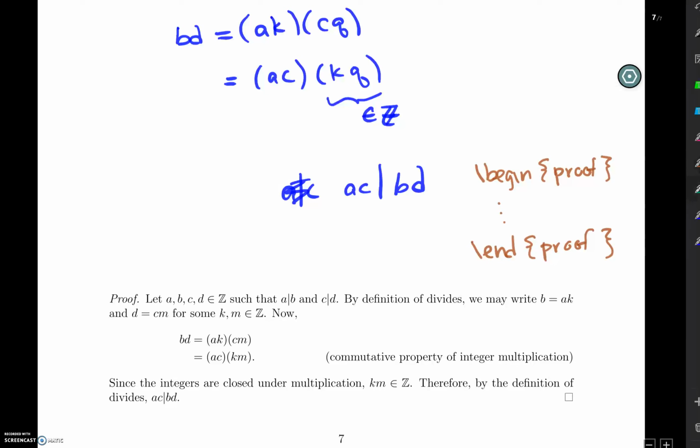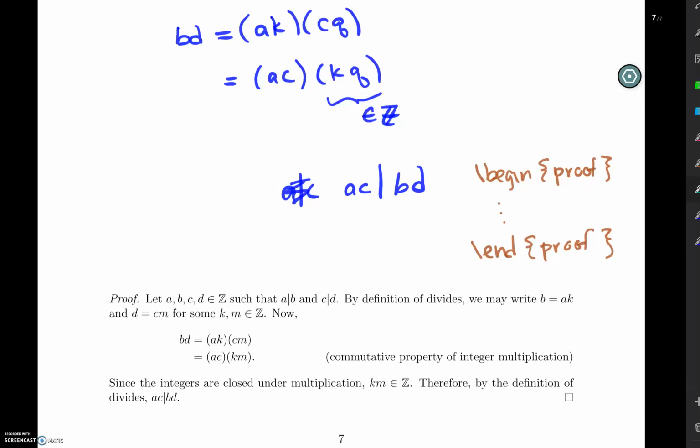We let A, B, C, and D be integers such that A divides B and C divides D. By definition of divides, we may write B equals AK and D equals CM for some K and M in Z. I used Q above. Again, the choice of name doesn't matter as long as it's something you haven't used before.